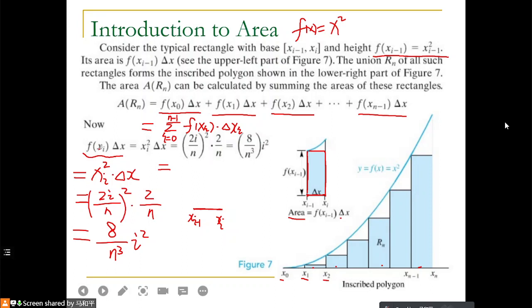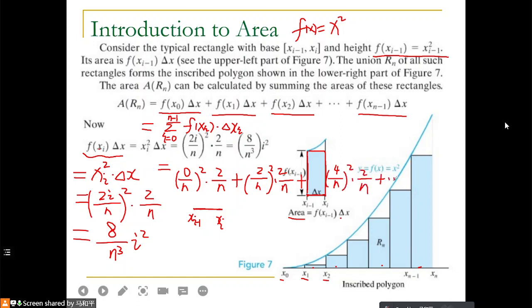So f(x0) delta x, this means i is 0, so this is 0 over n squared times 2 over n, plus here x1, this is 2 over n squared times 2 over n, plus i is 2, so it's 4 over n squared times 2 over n.